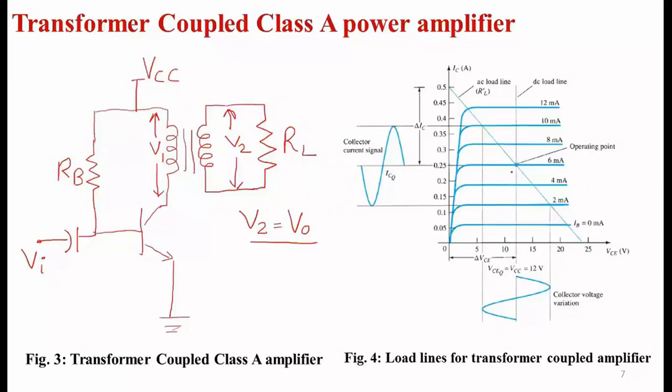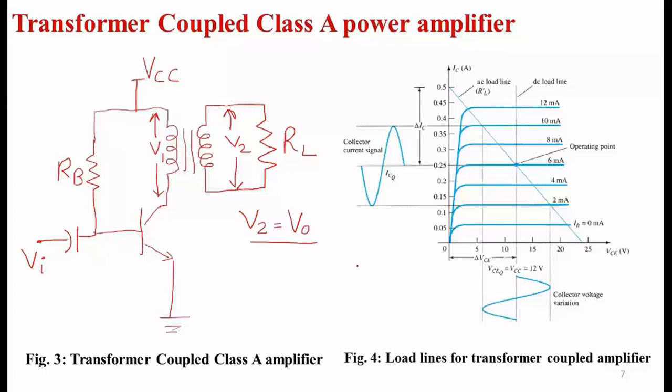Why is it a straight line? If we observe here, instead of resistance, we have connected the transformer. When we have not applied any AC signal, only DC signal will flow. For the DC signal, the DC resistance of the primary winding of the transformer will be zero, meaning no resistance in case of DC signal.